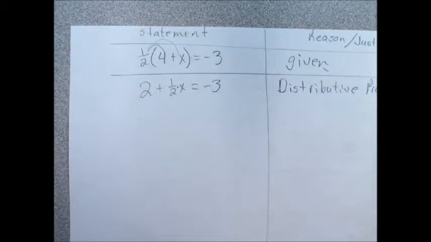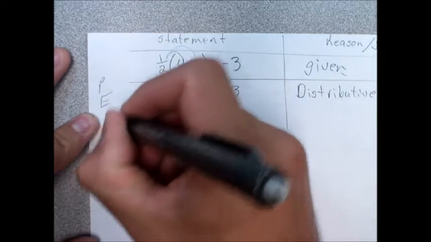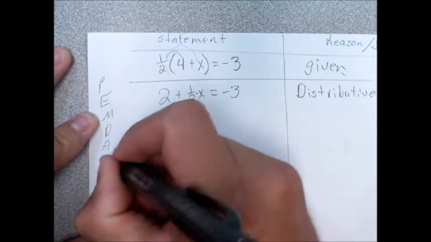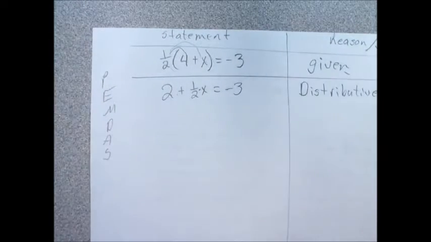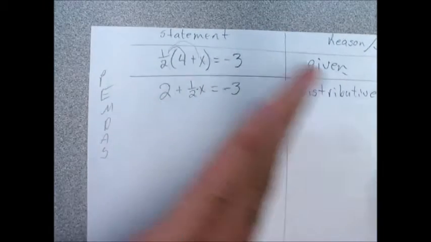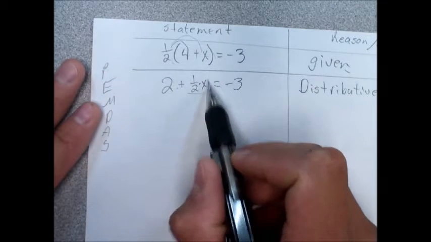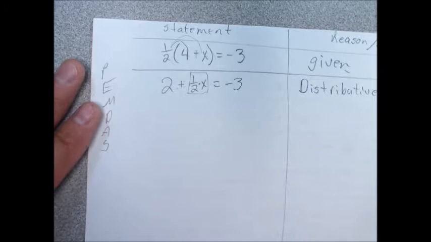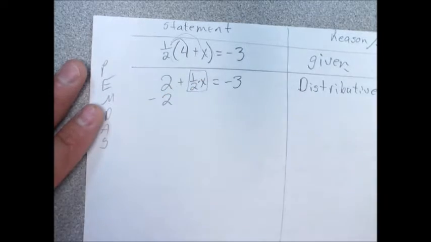Alright, I need to get x by itself. So remember I told you you need to do order of operations backwards. So I need to look for addition and subtraction. I need to get all of my regular numbers on one side and all my variables on the other. So I want my variable term, this one, to stay right there. So I need to subtract 2 from both sides.